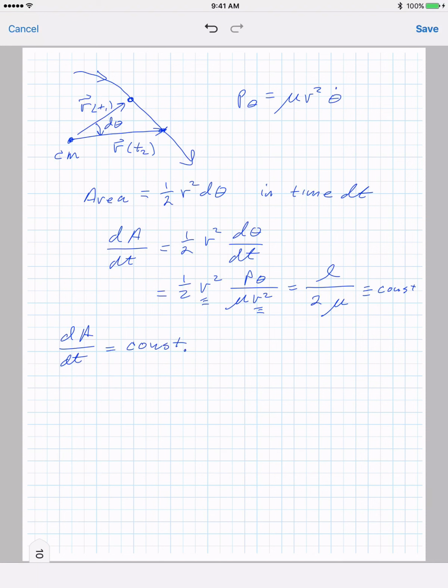And so it says that equal areas are swept out in equal time. So the consequence is that equal areas are swept out in equal time. And for those of you who remember your introductory physics, this is known as Kepler's second law.